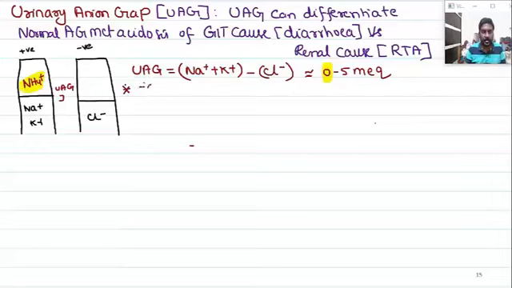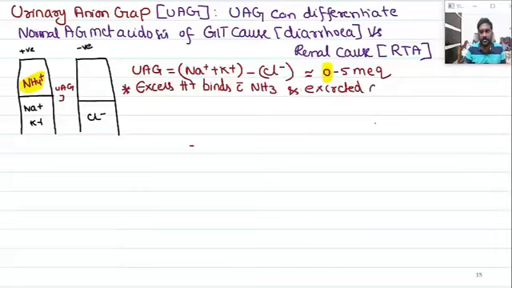Write down: excess H plus in urine binds with NH3 and is excreted as urinary NH4 plus. This is the basic concept that you should know. Whenever there is excess H plus in the urine, it binds with NH3 and ultimately is excreted within the urine as urinary NH4 plus.